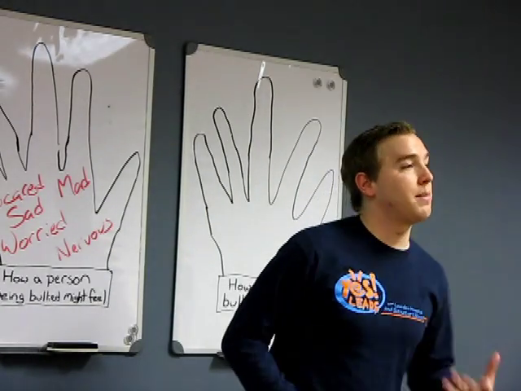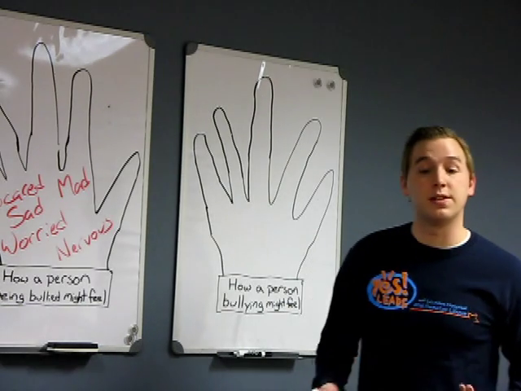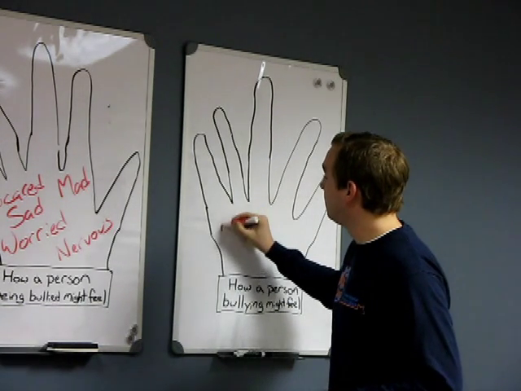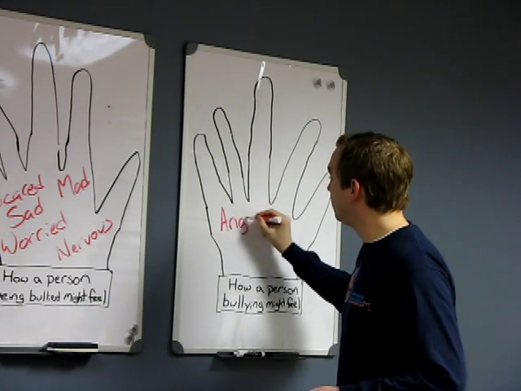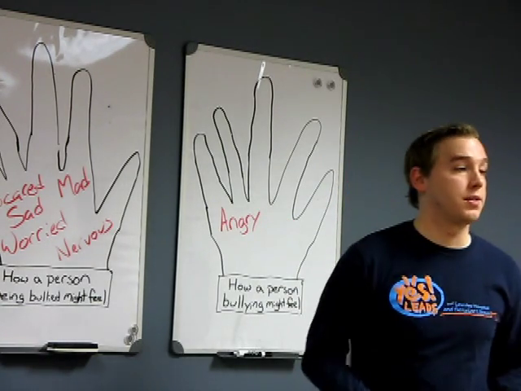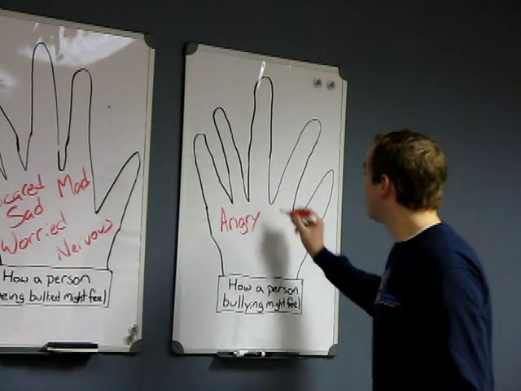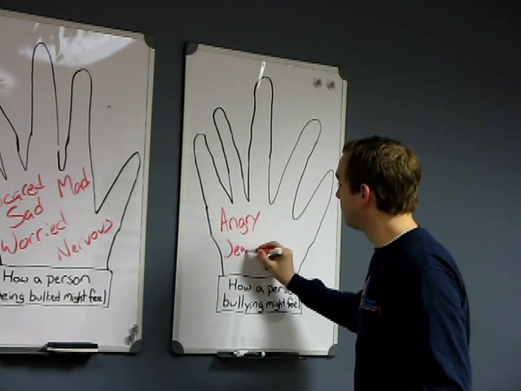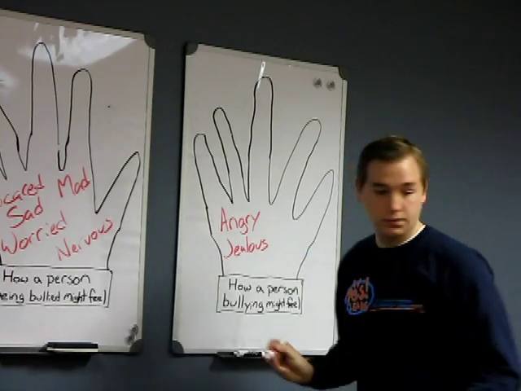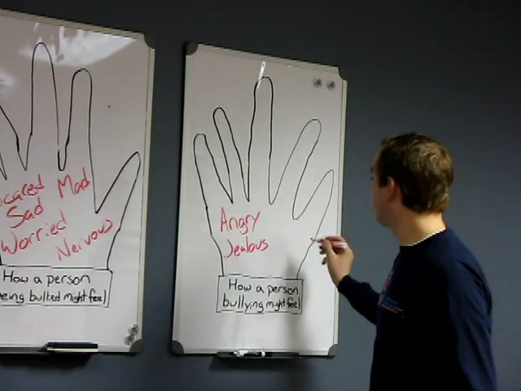Now let's take a minute and think about how somebody who's bullying might feel. For instance, they might be angry. How else might a person that's bullying feel? They might be jealous. It makes them feel in control.